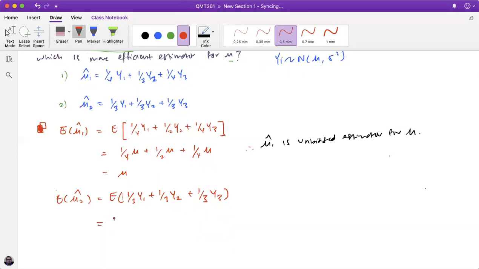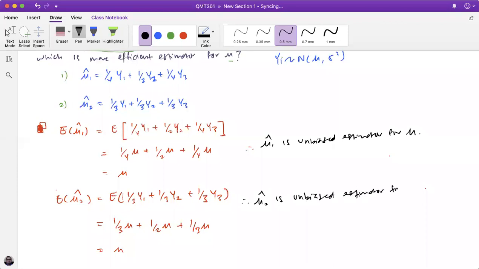So this one should be 1/3 mu plus 1/3 mu plus 1/3 mu, which is equal to mu, right? So we can say that mu2 hat is also an unbiased estimator for mu, right?